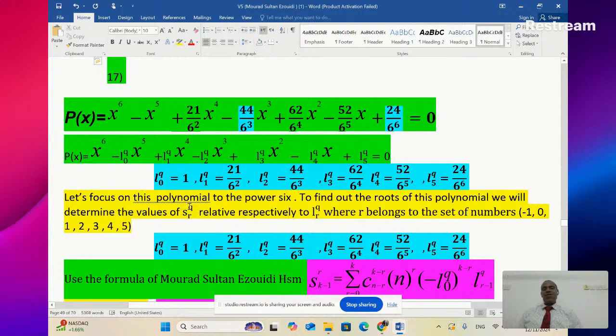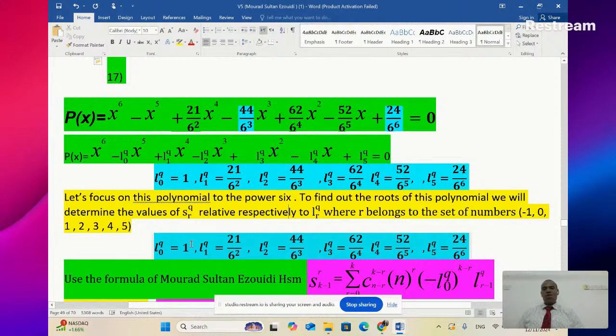Denoting the new sixth degree polynomial equation that I would obtain from this original sixth polynomial equation, you can see that r in fact belongs to the set of numbers from 0 to 5. 5 here is 6 minus 1, because the highest power is 6.